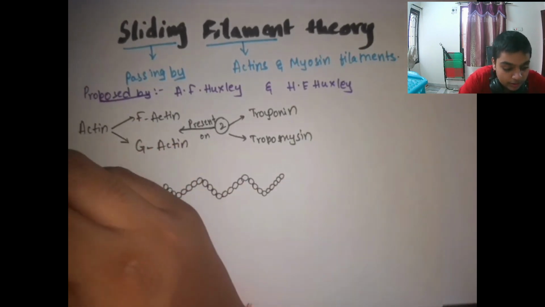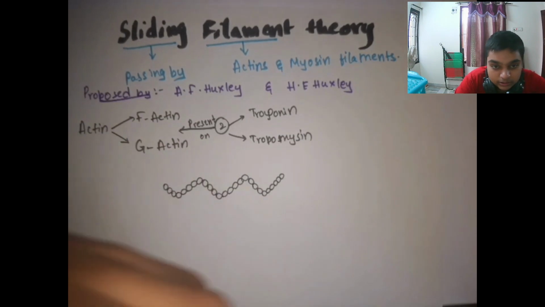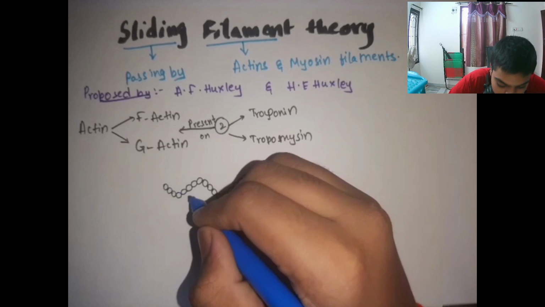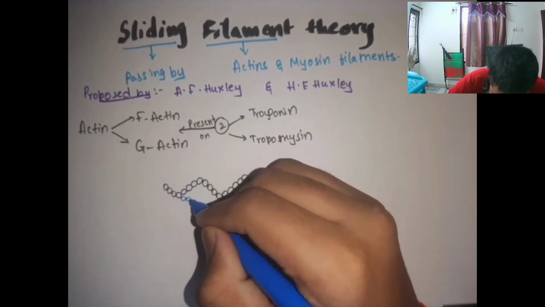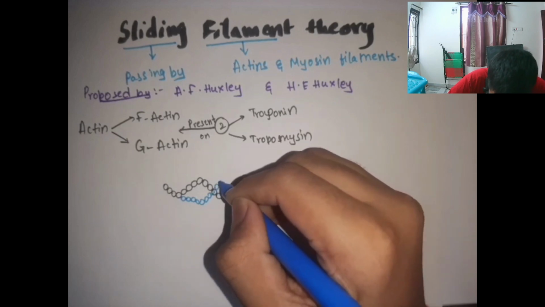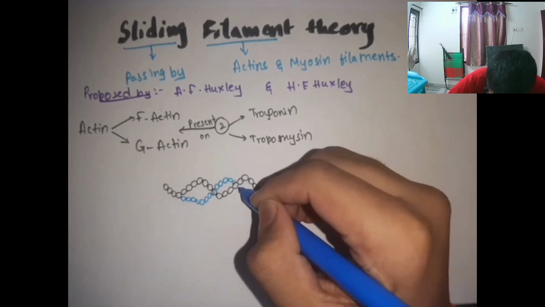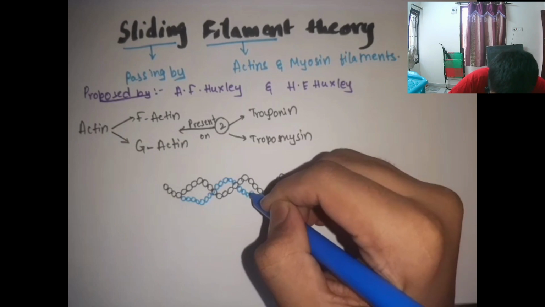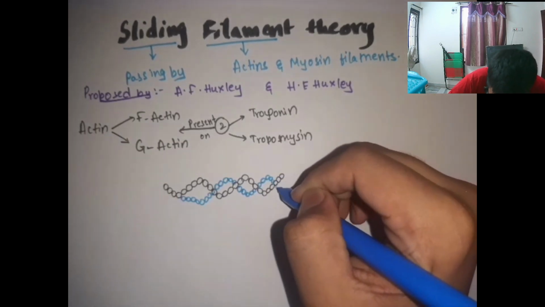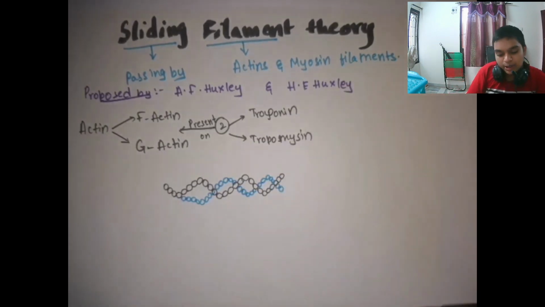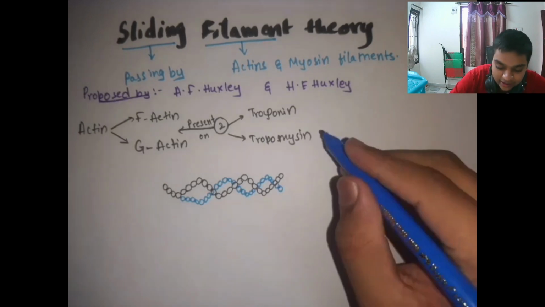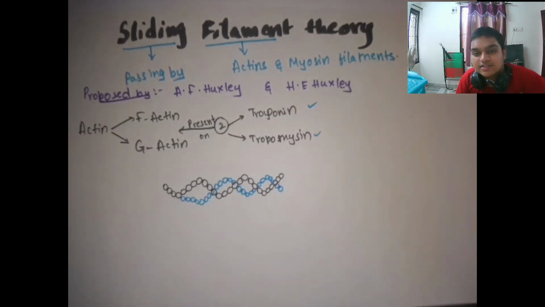They are helically bound to each other. See, like this. The black one is one actin filament, the blue one is another actin filament. Where are these two proteins present on actin?